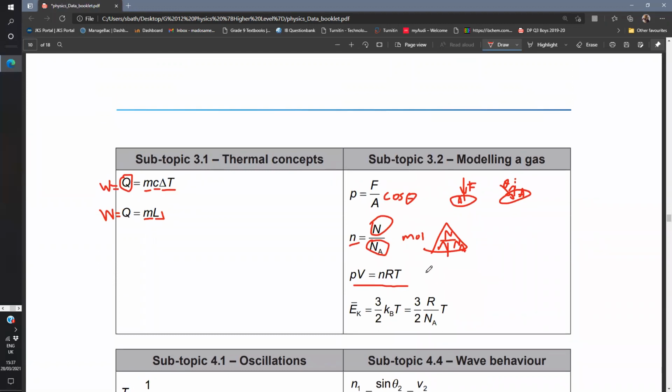And then there's also the formula for the combined gas law. So let's say you're given two pressures or two volumes, two pressures, etc., and then you're asked to find one given the other.